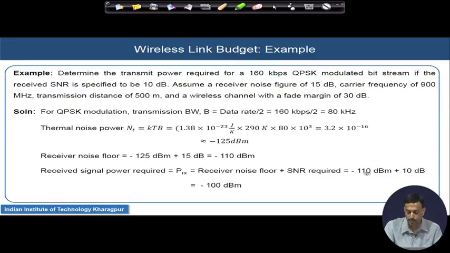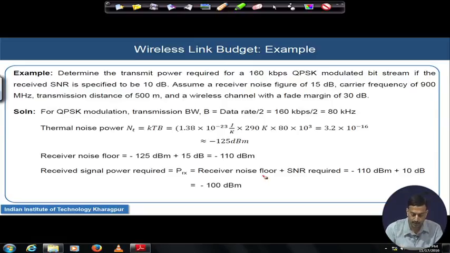Therefore we add the SNR to the receiver noise floor, and we see that the power required at the receiver is minus 100 dBm. Generally this kind of an analysis is where we consider only the receiver noise floor, which includes the thermal noise and the noise figure, and we consider the SNR requirement based on some given data.